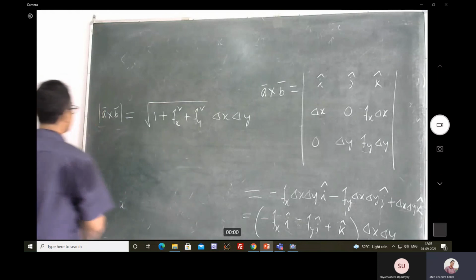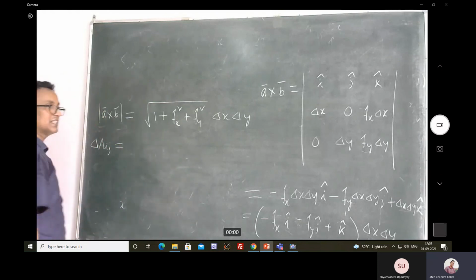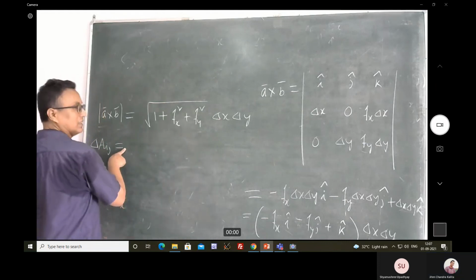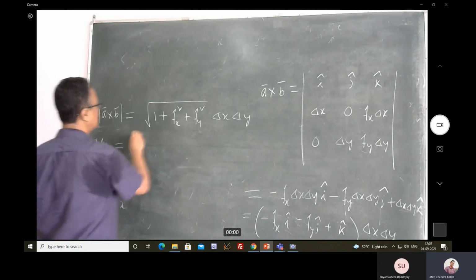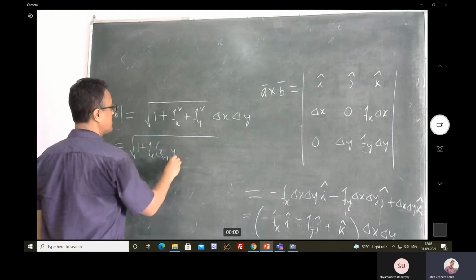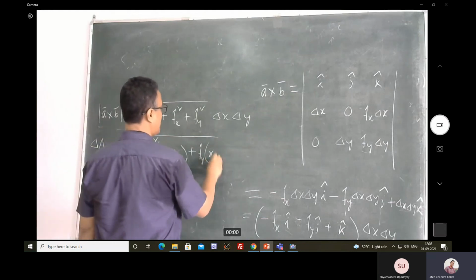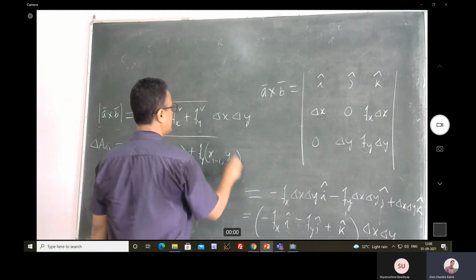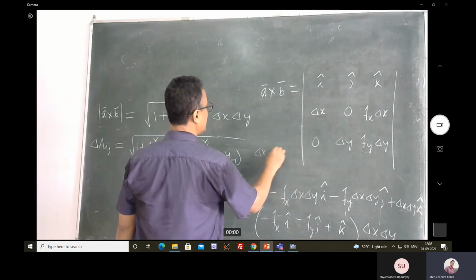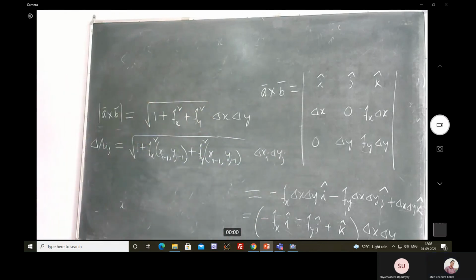So basically, your delta A_ij is simply the square root of 1 plus f_x at (x_{i-1}, y_{j-1}) whole squared plus f_y at (x_{i-1}, y_{j-1}) whole squared, times delta x_i delta y_j. Is it okay? Fine.